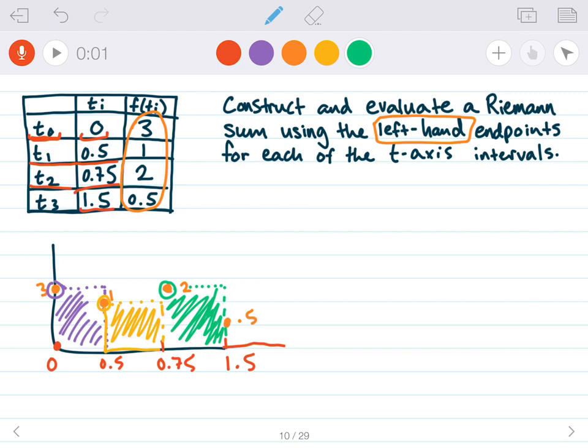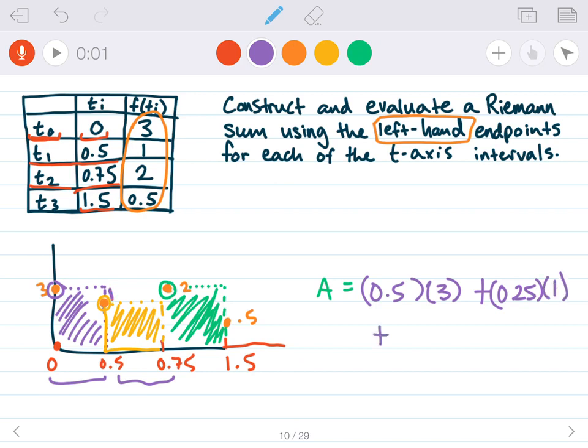So let's go ahead and do this. Remember the area of these rectangles is length times width. The first one, the purple one, has a width of 0.5 and a height of 3. Then the second one has a width of 0.25 times a height of 1.